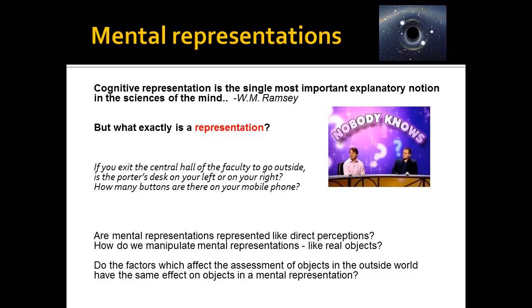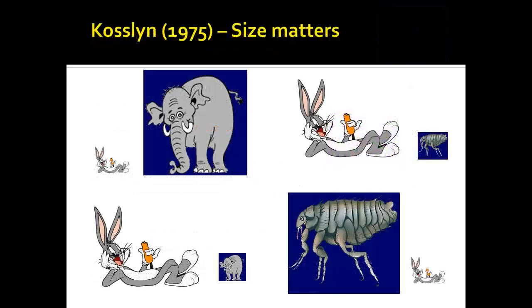A very simple, early example of a study dealing with those questions is the study by Koslin in 1975. It's also a very good example of how cognitive psychologists creatively hijack an observable measure, something like reaction times, to make inferences about what goes on in the black box of the mind.